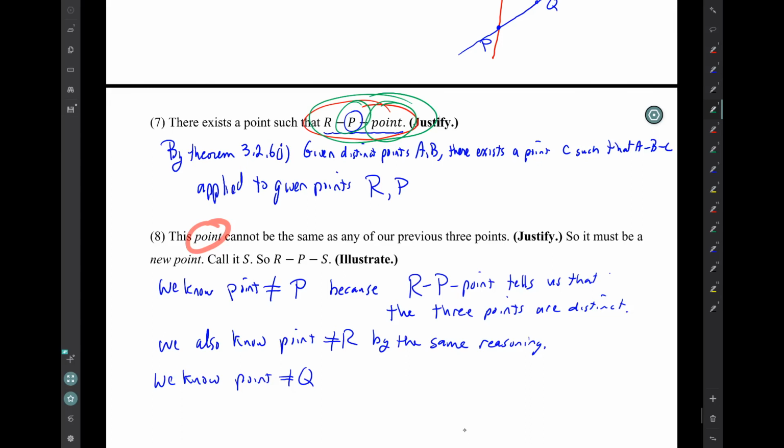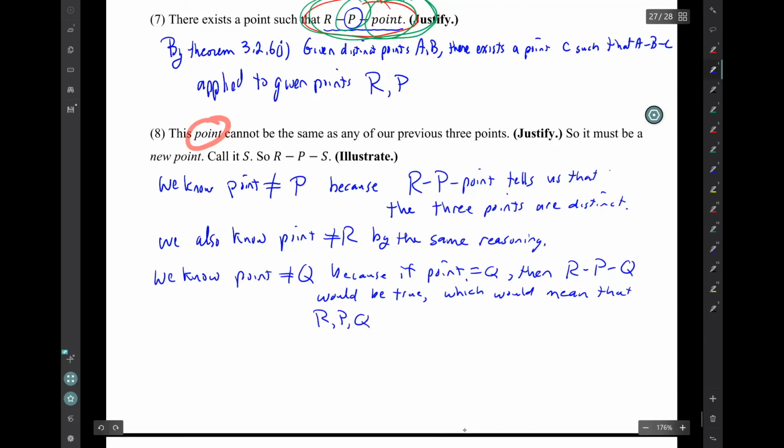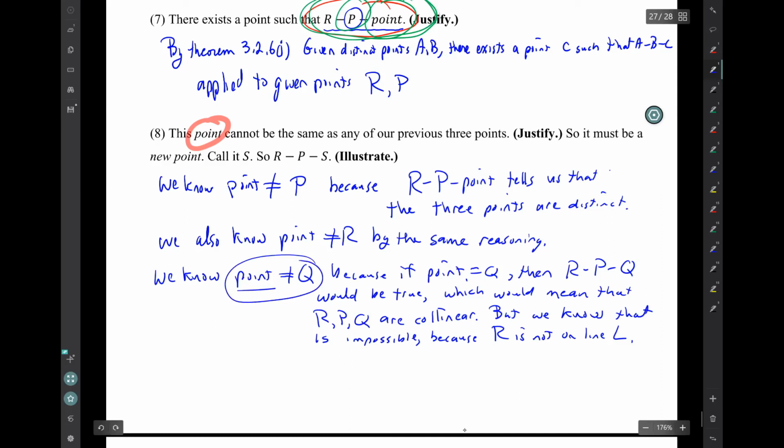But the thing is, that would mean that R, P, and point, or R, P, and Q would be collinear.